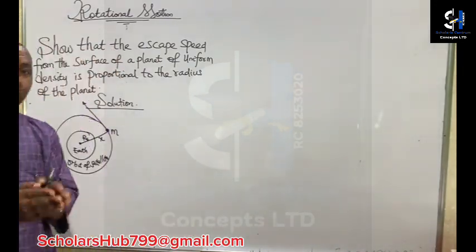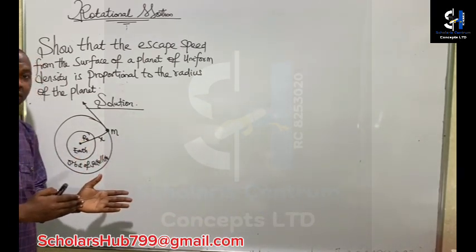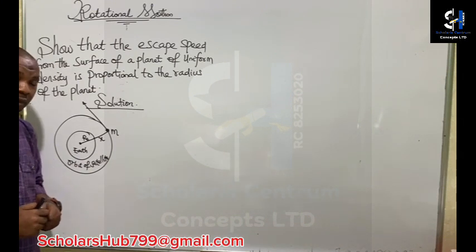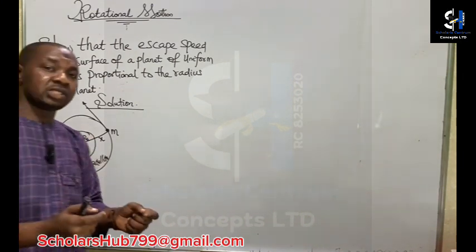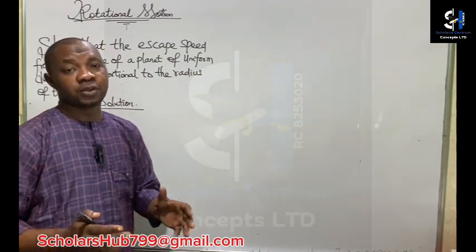That is, the total energy is equal to the sum of the kinetic energy, due to the motion of the satellite, plus the potential energy, due to the gravitational field of the Earth.